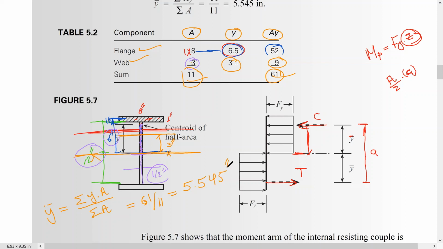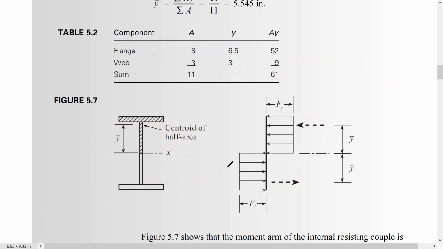So this is the centroid of this area. Of course, it does make sense for it to be in the upper part. So this is equal to 5.545 inch.